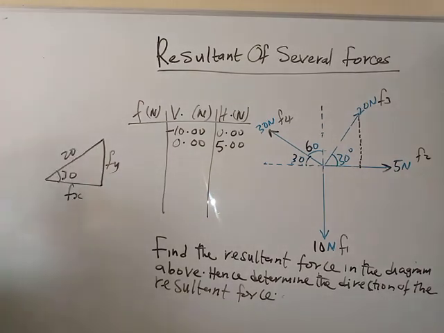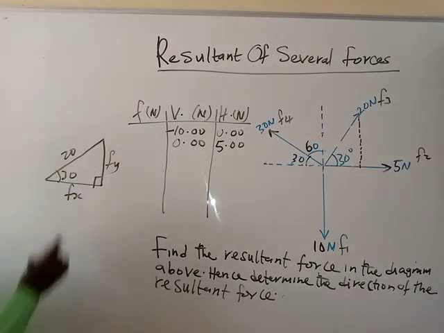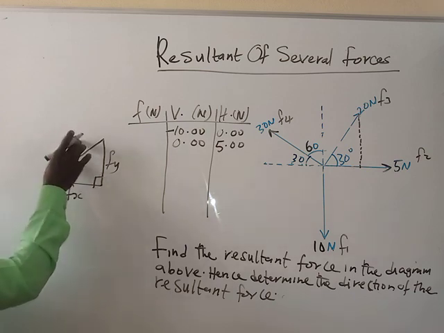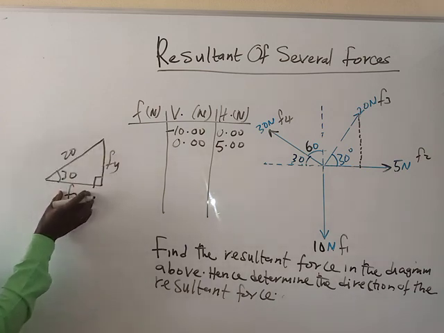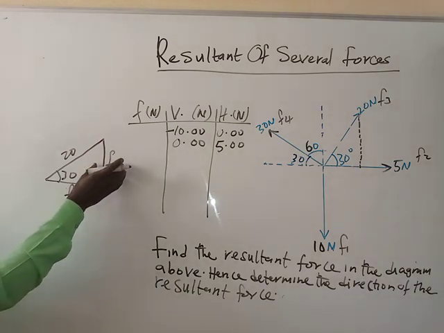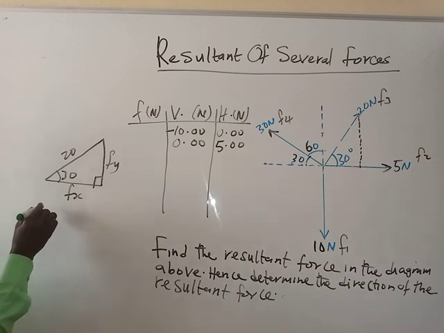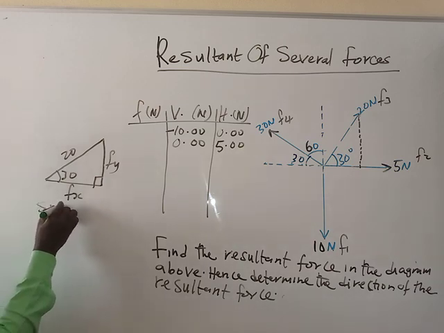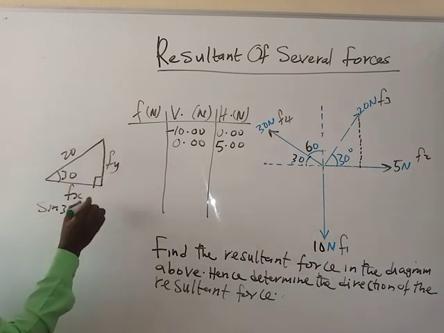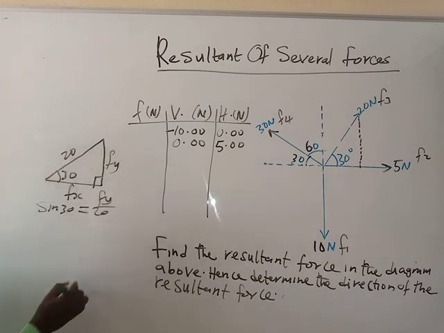You write it here, which is hypotenuse. This is where we have 90. So if you have 90 here, this hypotenuse, this opposite, this adjacent. So in that case, to get vertical component, you use sine theta. It will now be sine 30 is equal to opposite Fy over hypotenuse 20.